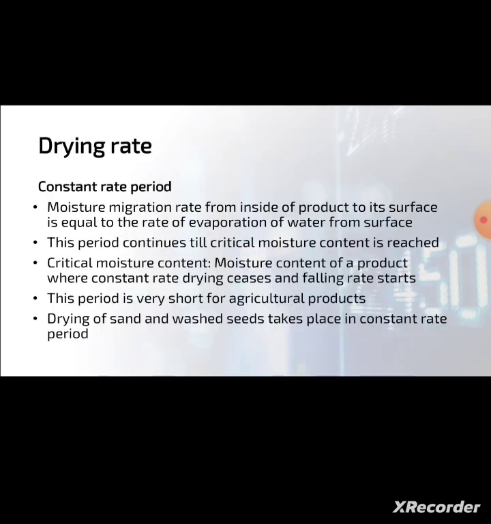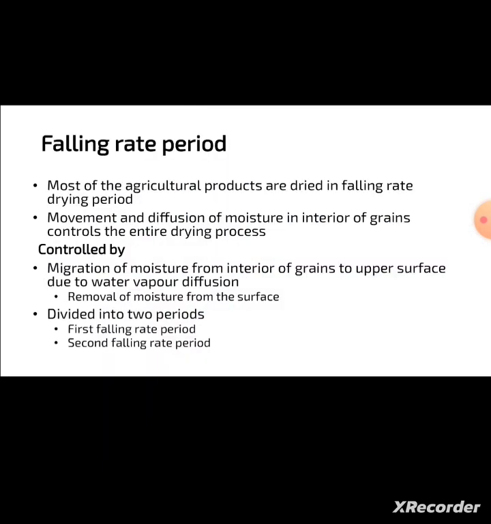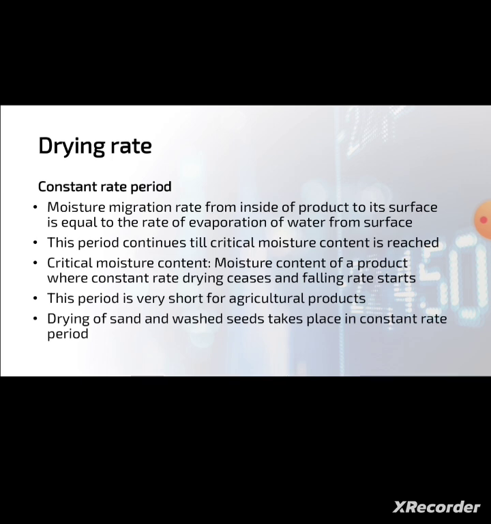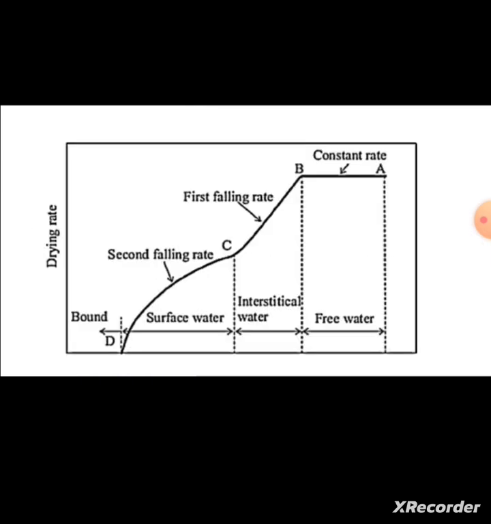And also the drying takes place in two periods: constant rate period and falling rate period. This graph shows the constant rate period. From when the drying process begins, the first period will be the constant rate period, and afterwards the first falling rate and second falling rate periods will follow. In the constant rate period, free water will be evaporated, in the first falling rate period, interstitial water will be evaporated, and in the second falling rate period, surface water will be evaporated.